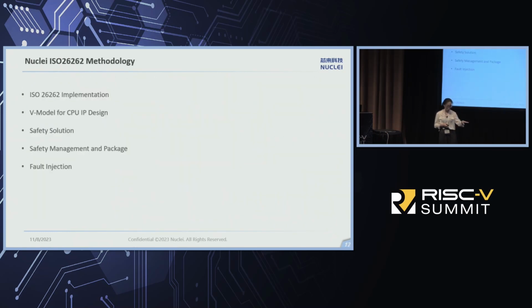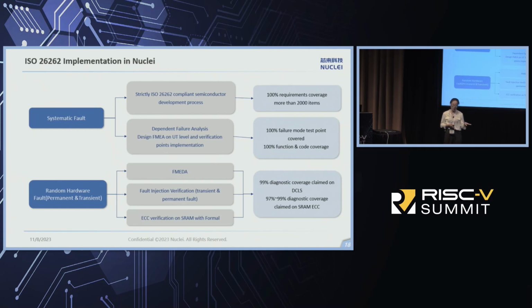I will also quickly go through how we adapted ISO 26262 in Nuclei's implementation and development process. For systematic faults, we have more than 2,000 requirement items and also achieve 100% required coverage. We strictly follow an ISO 26262 compliant development process, and also we have independent failure analysis on the unit level and have implemented a lot of verification points.